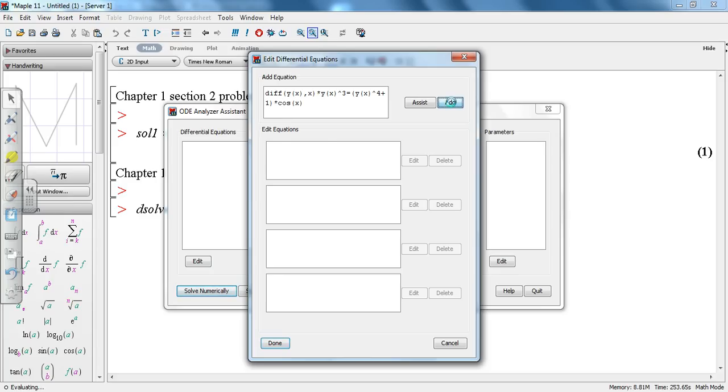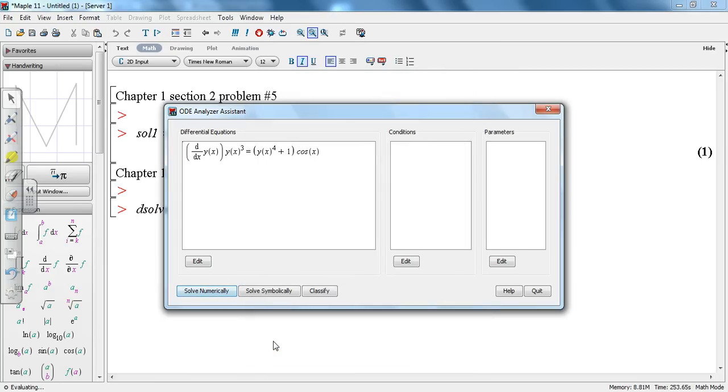Well, that looks like the right problem. So I got y cubed dy dx is equal to y to the 4th plus 1 cosine x. Alright, so we're going to put that in. I have no initial condition, so I'm just going to solve it symbolically.